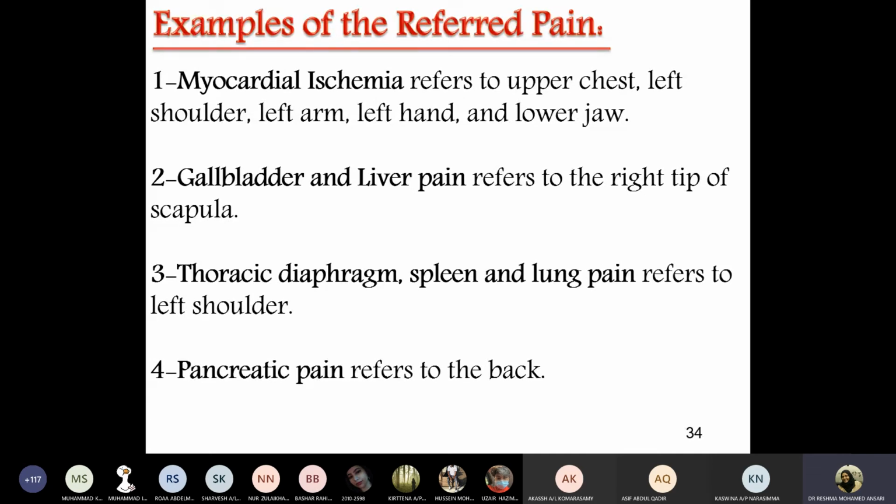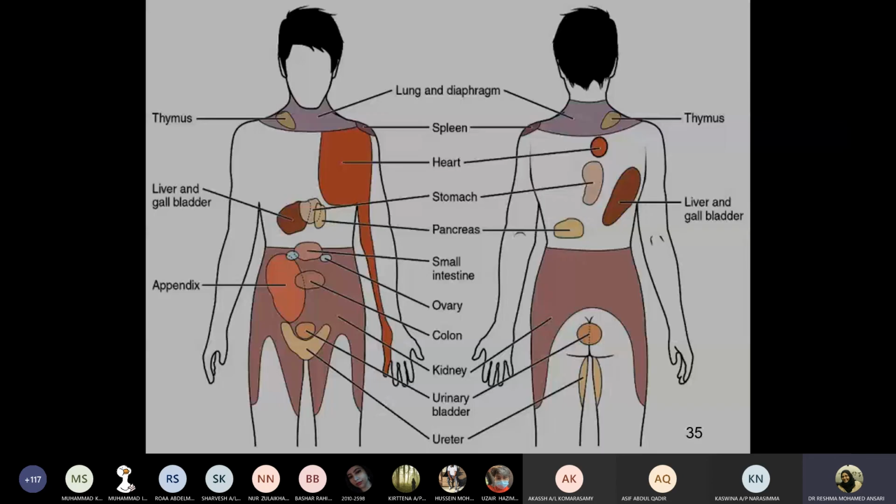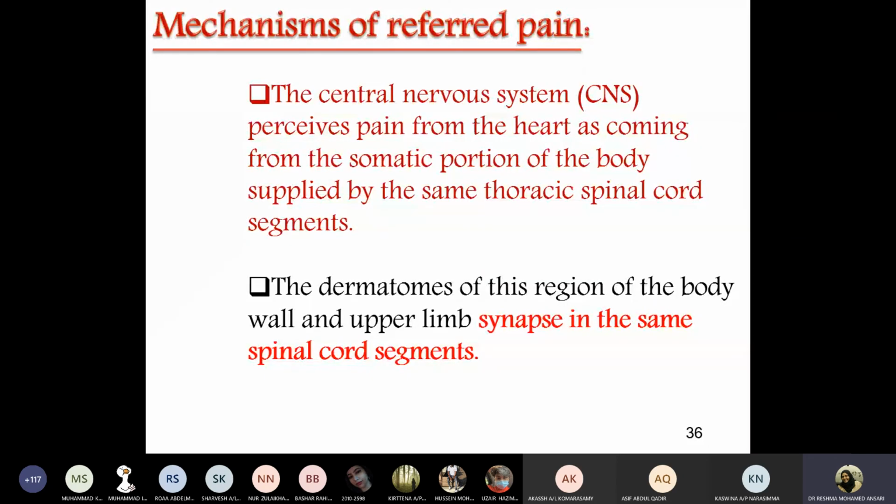So why is this for you? It is not necessary for you to know now which organ gives which pain, like heart attack or gallbladder pain. At this level, the mechanism is very important: why the patient has referred pain. If there is a problem in the internal organ or viscera, the pain fibers are carried by the sympathetic system.